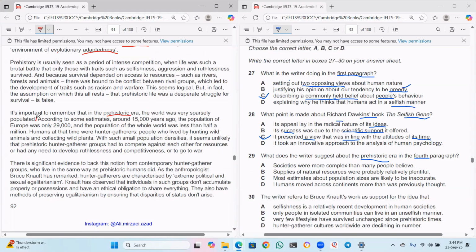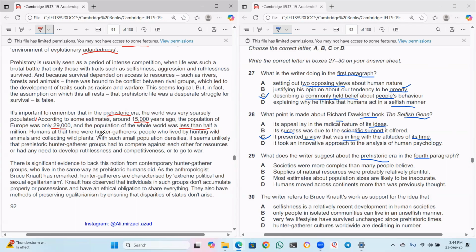very less population. Okay, and according to some estimates, around 15,000 years ago, the population of Europe was only 29,000, and the population of the whole world was less than half a million. Okay, not even half, less than half. Okay, right.